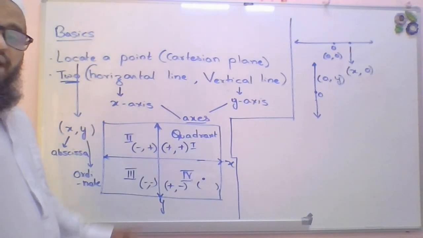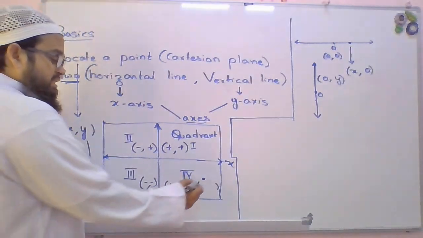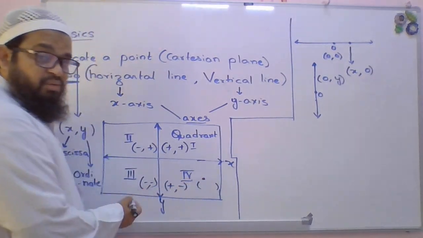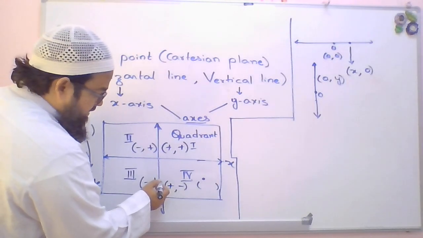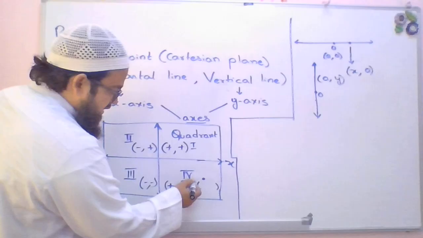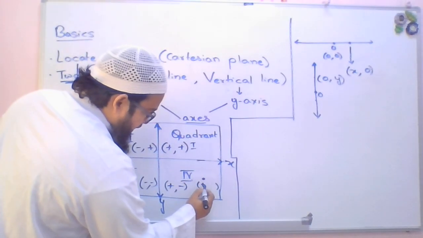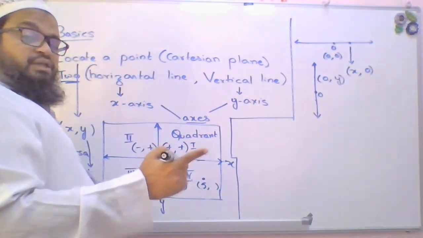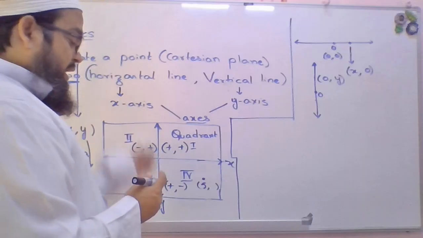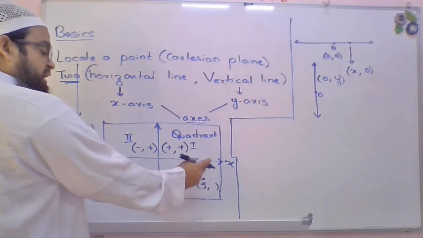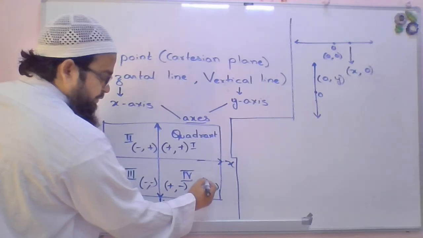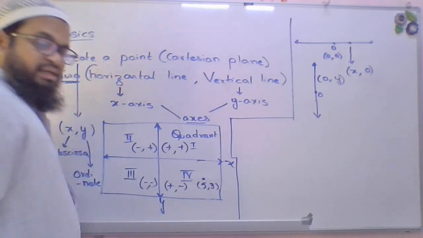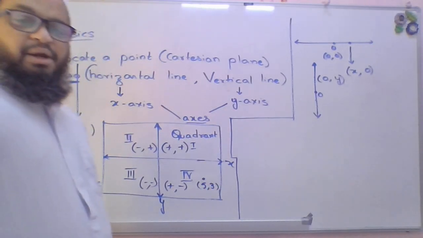The x coordinate is nothing but the distance of this point from the y-axis. If we count the distance, 1, 2, 3, 4, 5, so this is 5. The x coordinate is always the distance from the y-axis. And what will the y coordinate be? The distance from the x-axis. 1, 2, 3. Understood? For example, this point will be (5, 3).